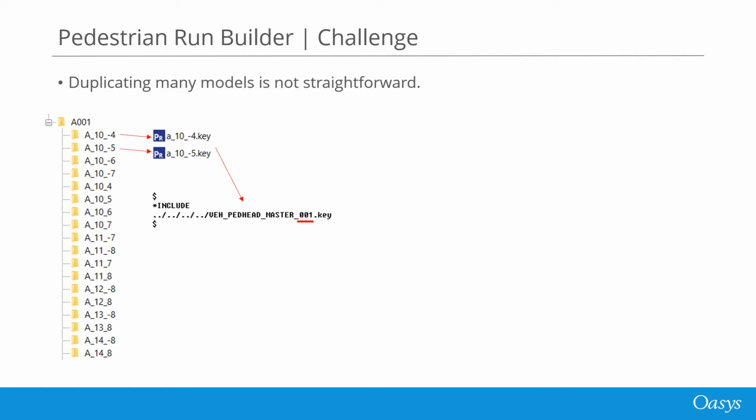And the reason we've created this tool is because duplicating many models in one go is not as straightforward as you might think. For example, we have the folder A001, that's our top level directory, and in there contains a set of analyses from a baseline sweep.